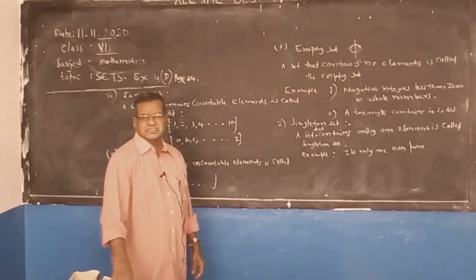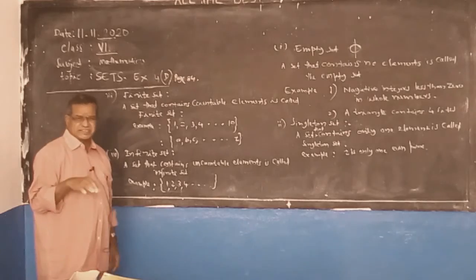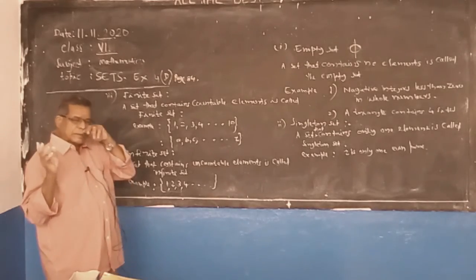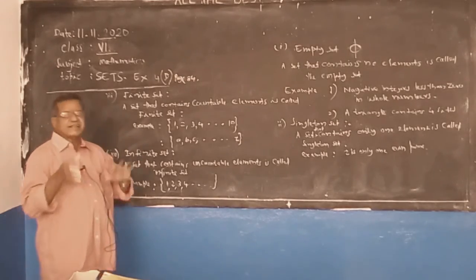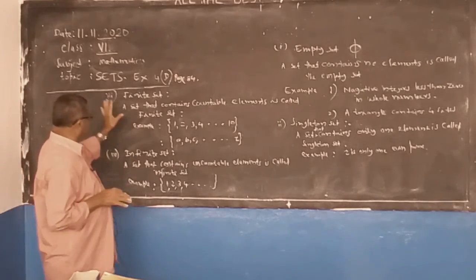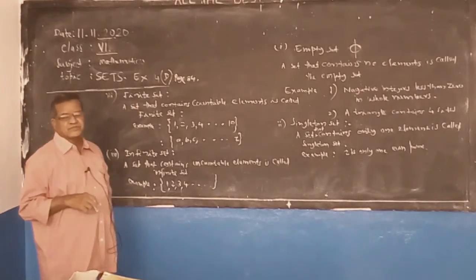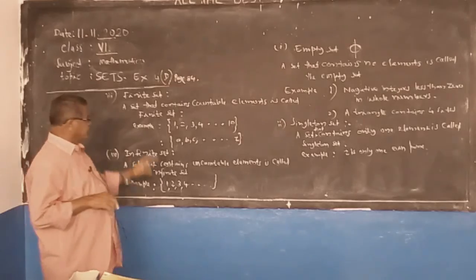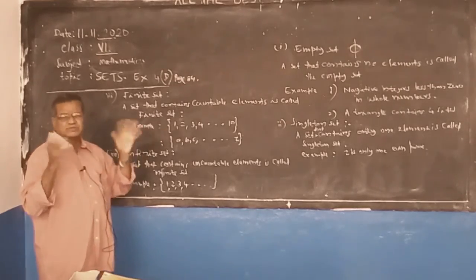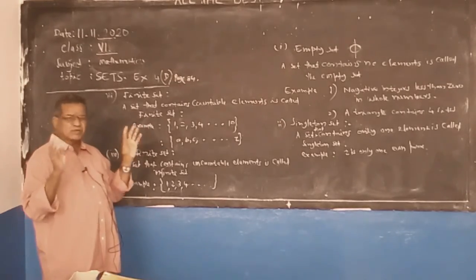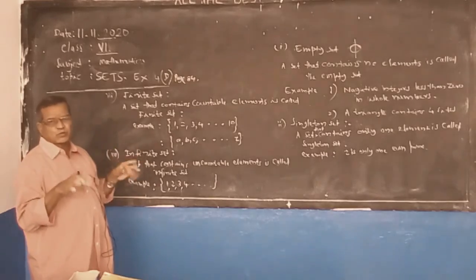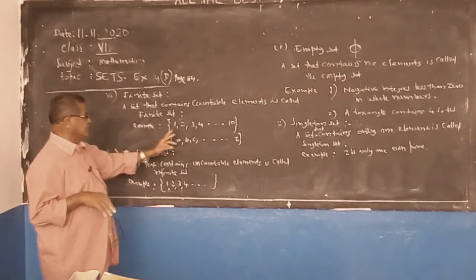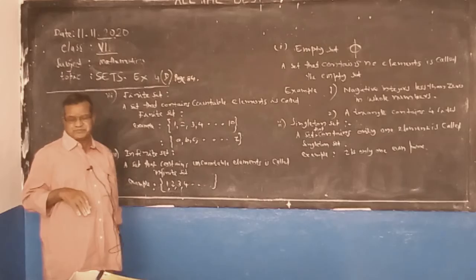There are 12 months, January, February, March, April, up to December. It has a beginning and an ending also. Such sets are called finite sets. We have some number, we can count. Maybe 1000, maybe 1 lakh, maybe 1 crore, but we can count, it has a beginning and an ending.